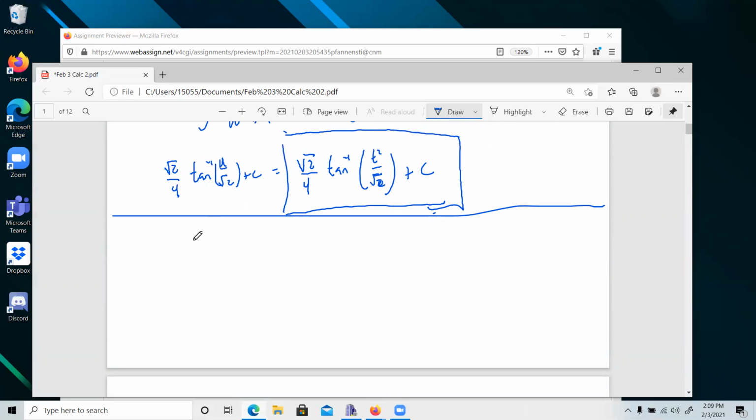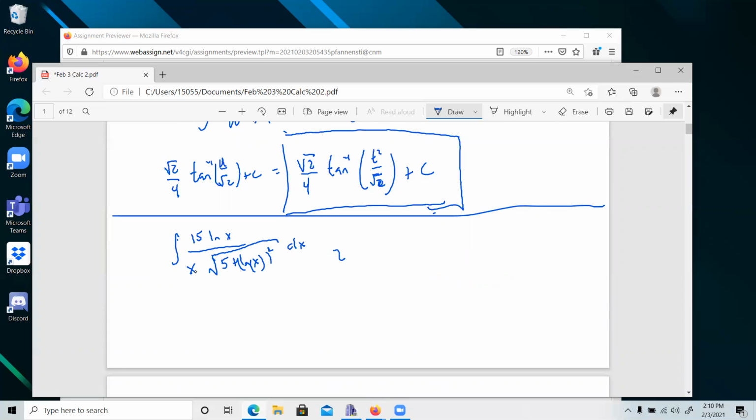All right, let's try another one here. How about this one? This is the integral of 15 ln x divided by x times the square root of 5 plus ln x squared, dx.